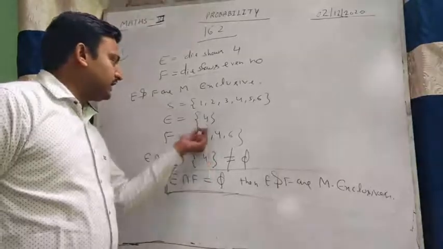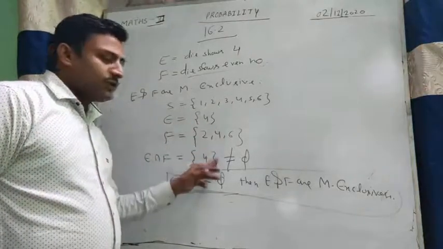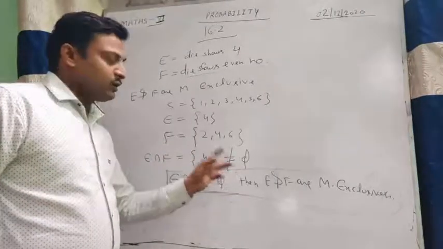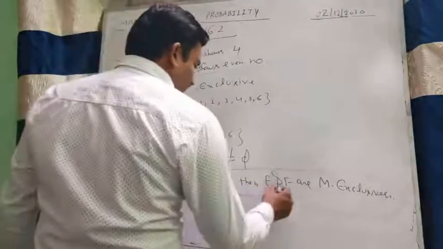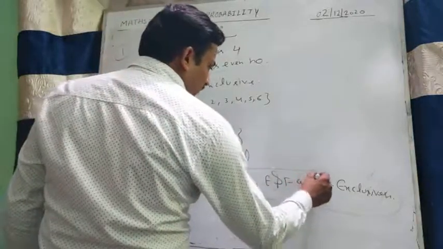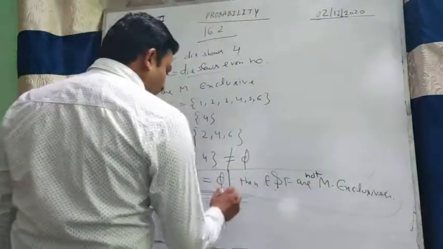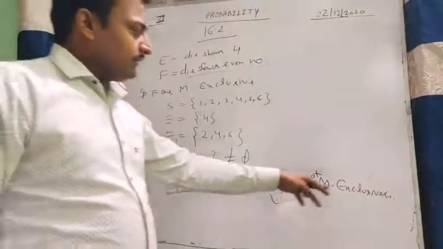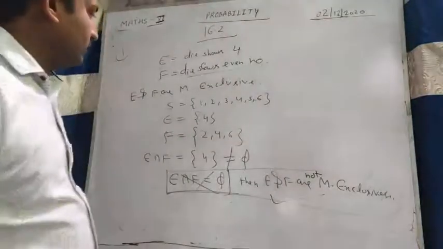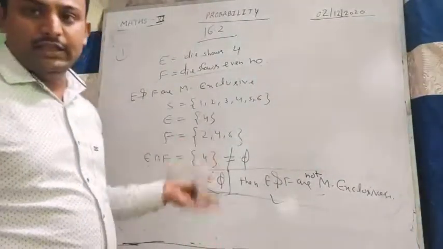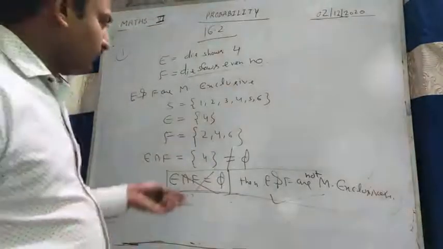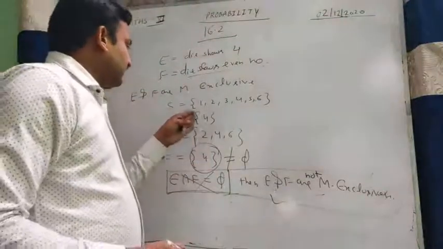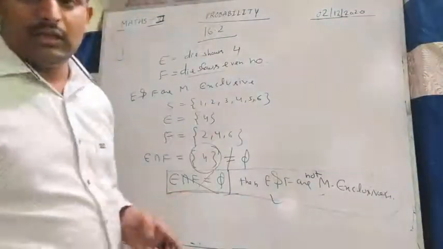But here we see that 4 is the common element, so E intersection F is not equal to the empty set. So in this case, E and F are not mutually exclusive, because both events have the common number 4, which lies in E and also in F.